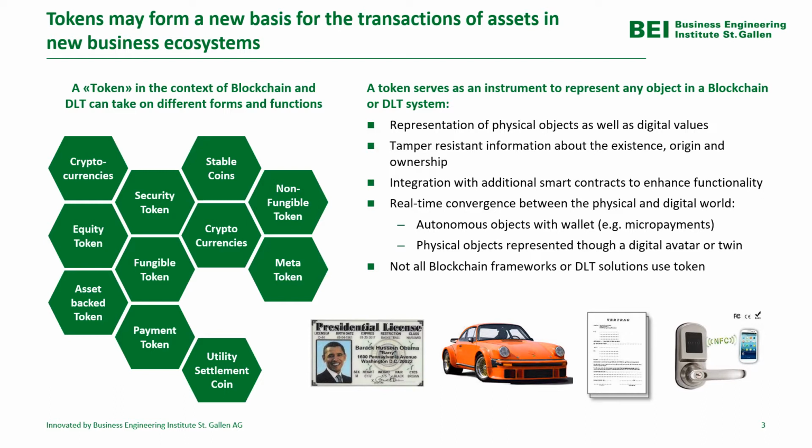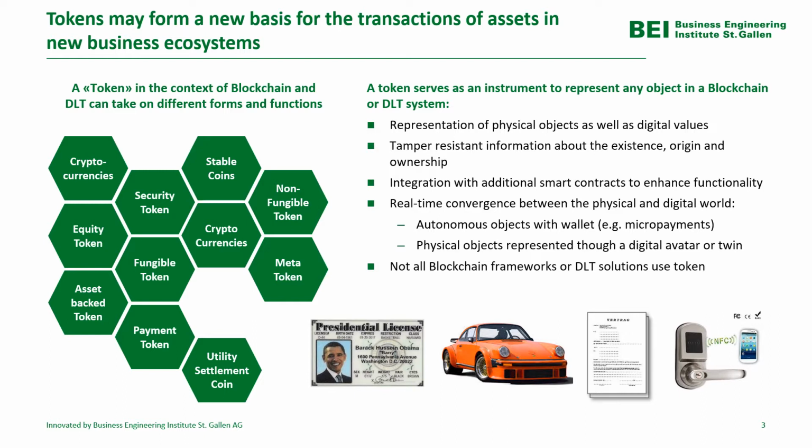So where we can potentially represent any object on a distributed ledger, you can see that a token can also take on many different forms. And as you can see on the left, a token is mostly described through its function and its behavior. We have, for instance, cryptocurrencies, where of course a currency is represented by a token.